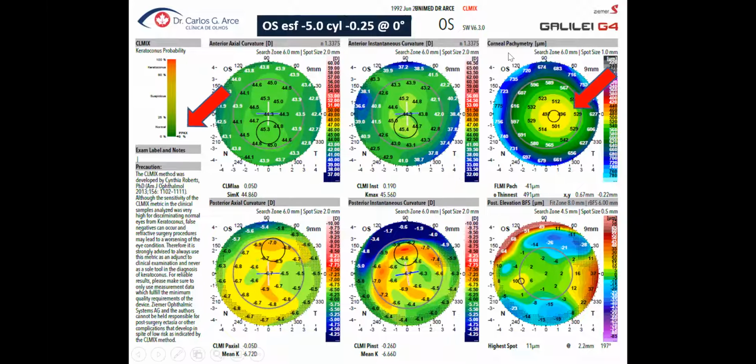It's minus 5 spheric, and with a thin cornea, we have 491. Can we do surgery in this cornea? This is the CLMI X with 0. There is not keratoconus here.